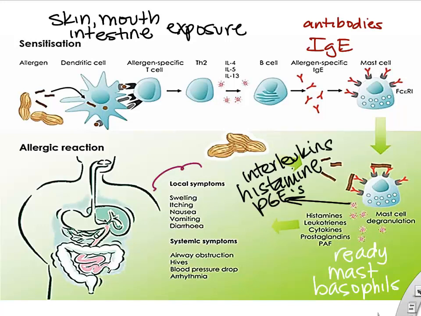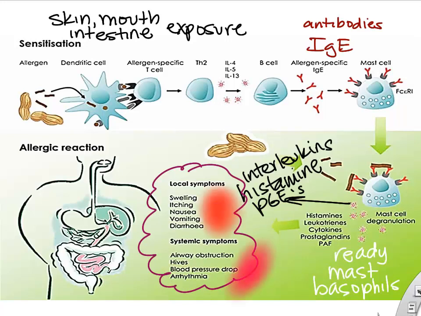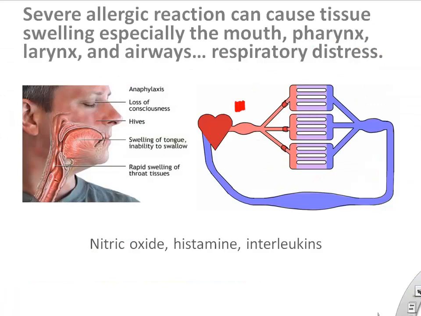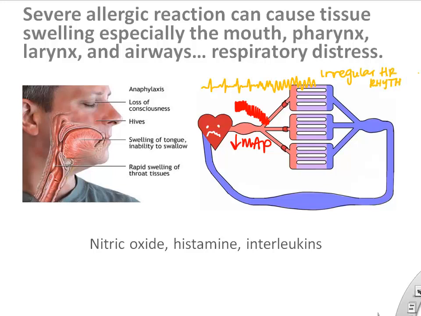So anytime you get exposed to that antigen, you get a release of histamines and prostaglandins, causing local responses like swelling and itching, and dangerous systemic responses like airway obstruction and an unsafe drop in blood pressure, which we know can be caused by the opening up of all those little arterioles and veins as well. We can also get dangerous arrhythmias, irregular heart rhythms. Of course, you can get changes in your airways where your throat swells up and it makes it difficult to breathe.